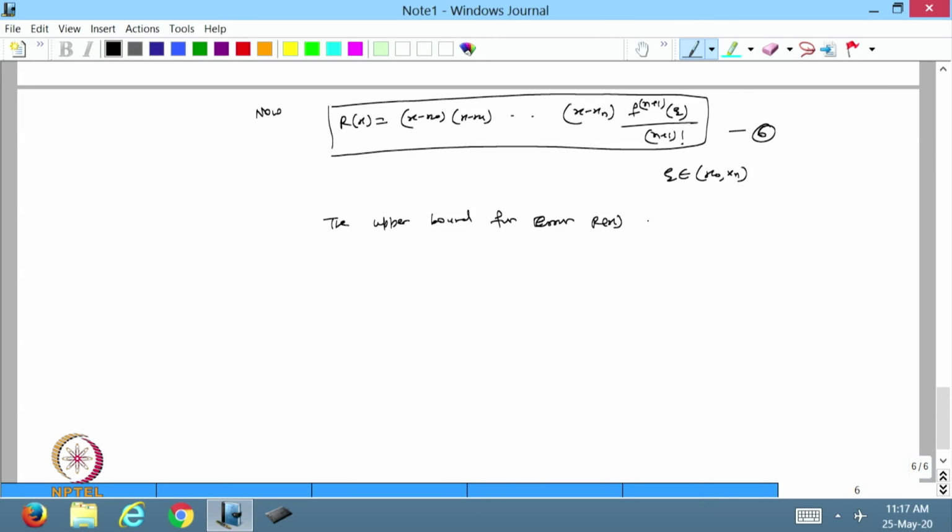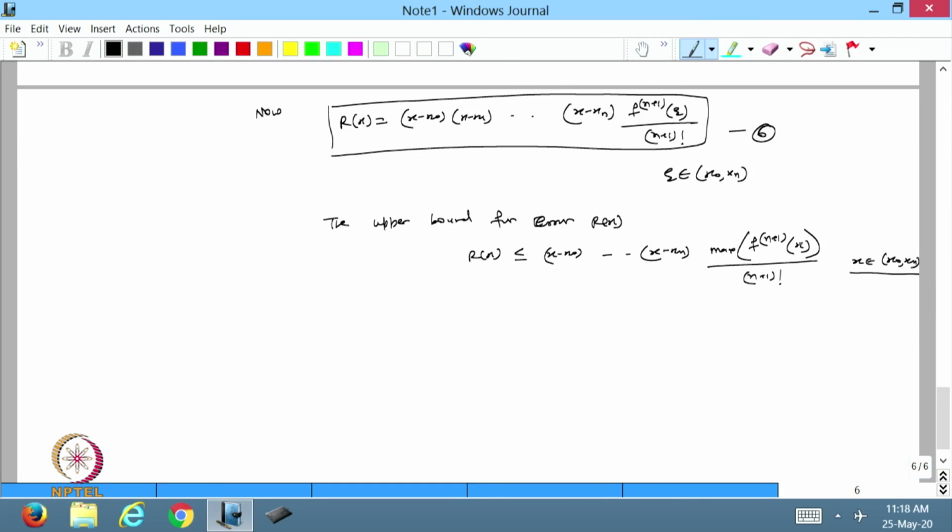R(x) will be less than or equal to the product of |x - x0| and so on, and if I choose the maximum of this, taking the maximum over all values of x belonging to [x0, xn], I take any x which gives the maximum of this value.